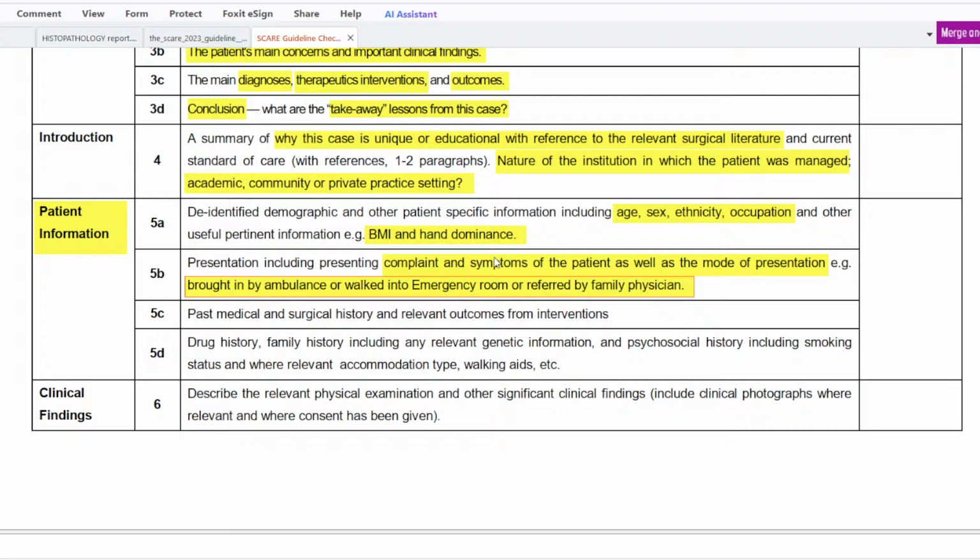Past medical and surgical history and relevant outcome. Drug history, family history, including the relevant genetic information, and psychosocial history, including smoking.